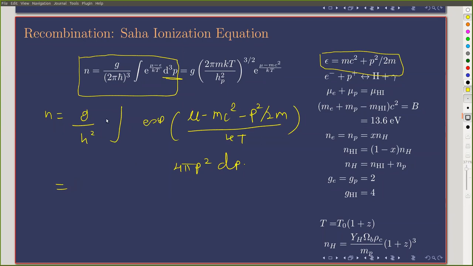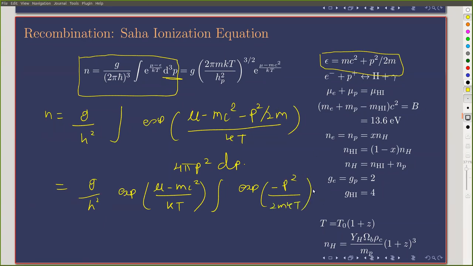So we will take out the values which are not dependent on p, and we can write the equation more neatly. Please let me know if there is any confusion.